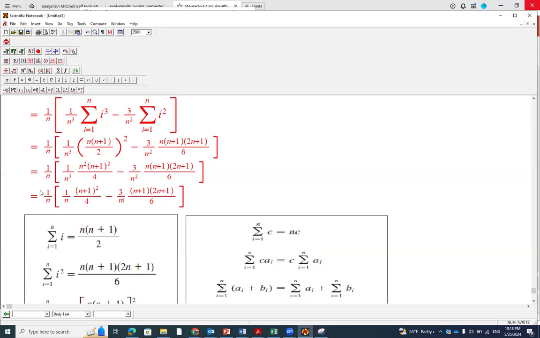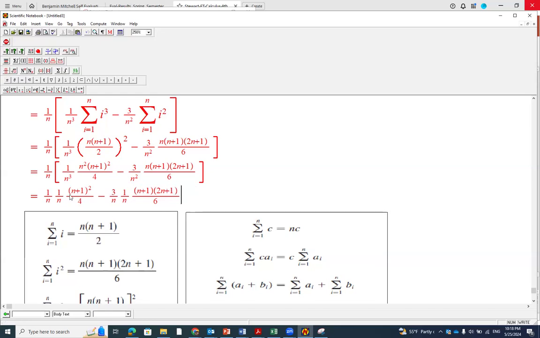What do we do next? We actually could bring the n inside. Of course, you can find common denominator, all that stuff.